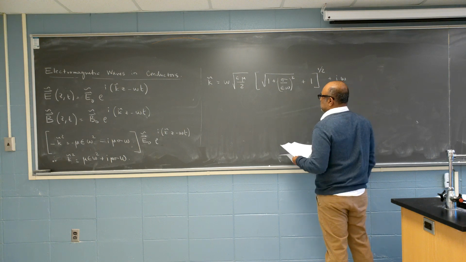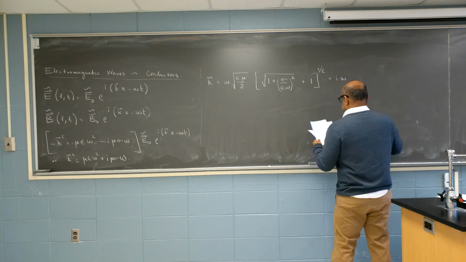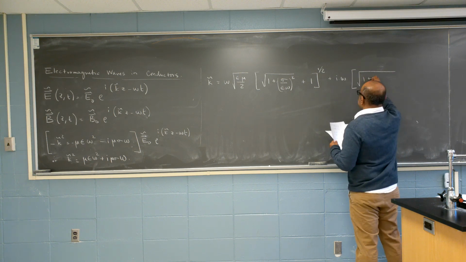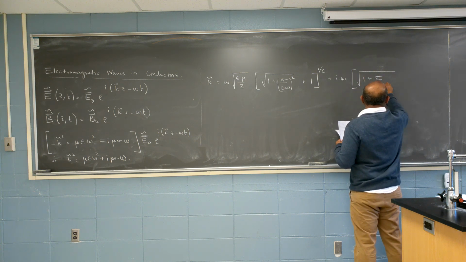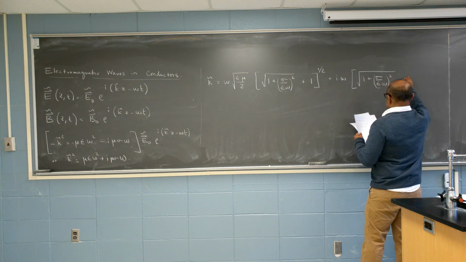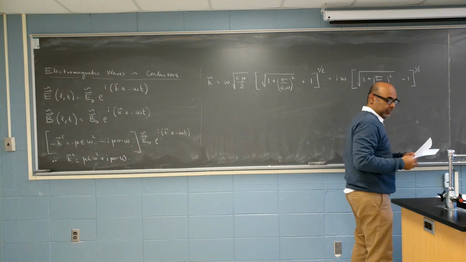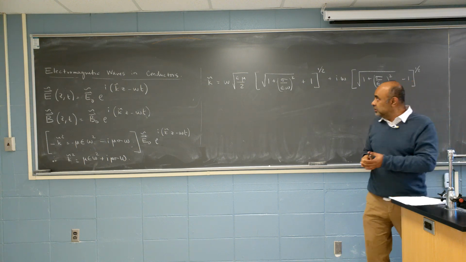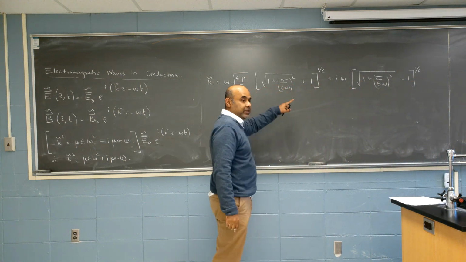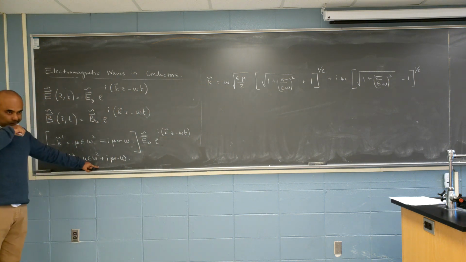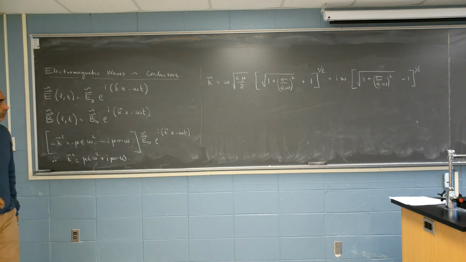But first, you just see if it works. How do you see if it works? Take this complex number and multiply by itself. What should you get? That number.